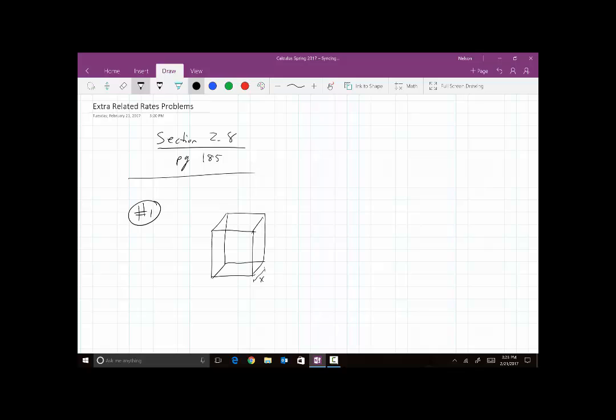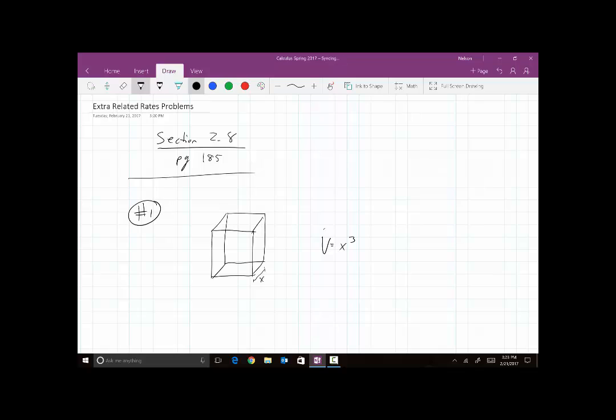It says the volume is expanding as time passes, so you know that the volume is just x cubed. And it says find dV/dt in terms of dx/dt.